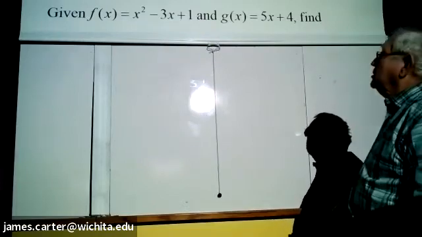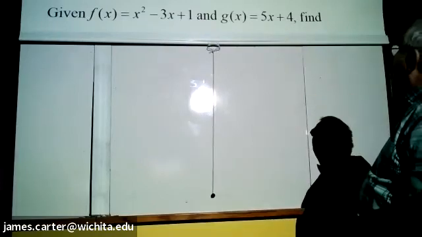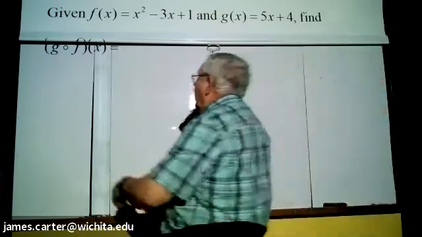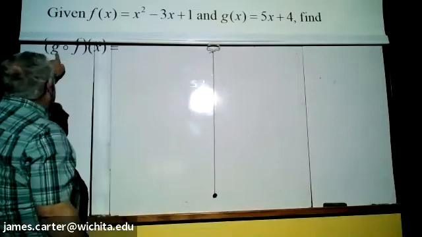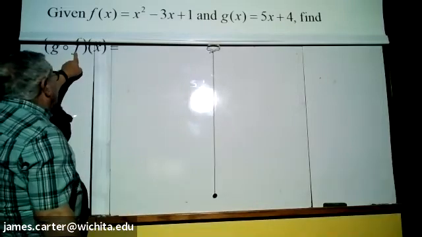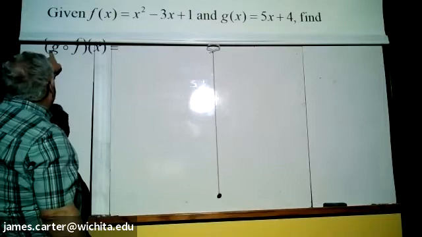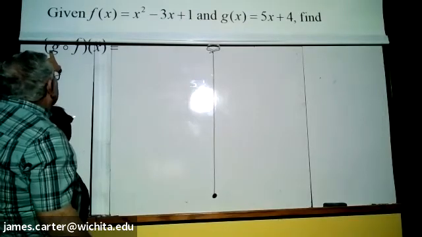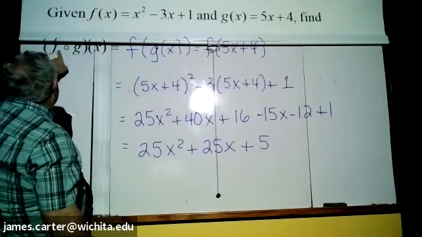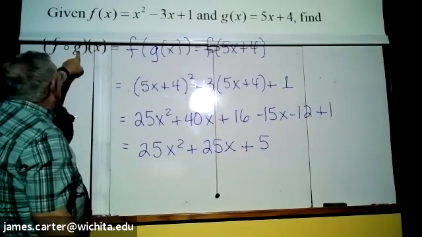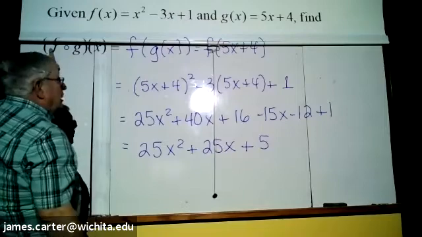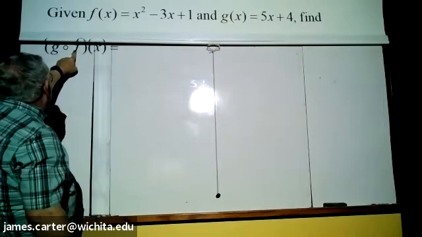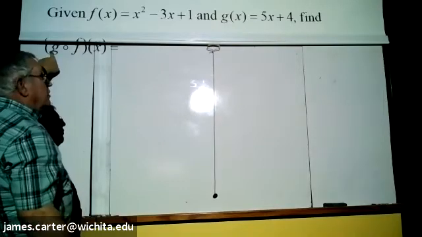Okay, here's another one similar. Same original equation. This time, we're going to do it the other way. We're going to substitute the parabola or the quadratic equation into the line equation. Okay, back here before, we took the line and substituted it into the quadratic. Now we're going to take the quadratic and put it into the line.